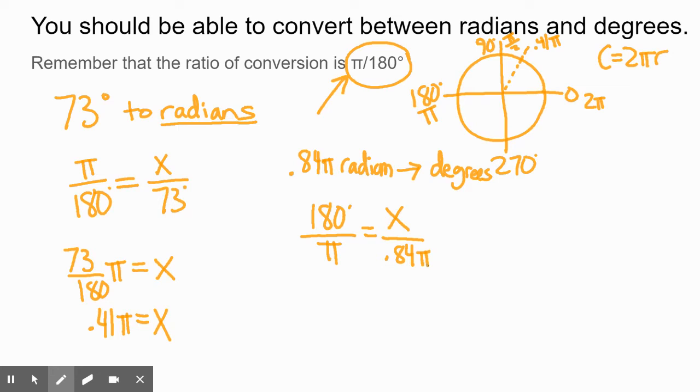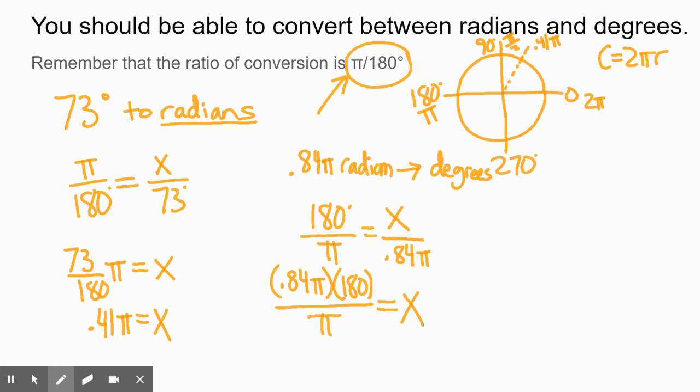It works. So what are we going to do over here? We're going to multiply both sides by 0.84 pi, and we will get 0.84 pi times 180 over pi equals x, right?